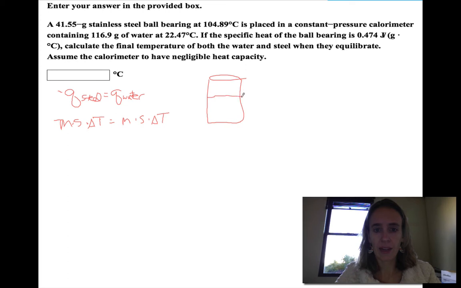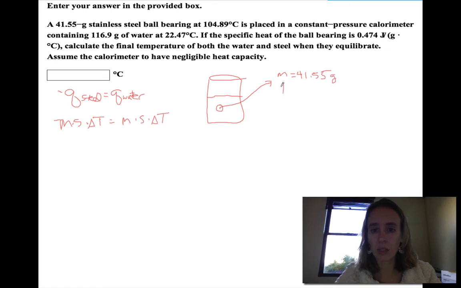We've got a vessel with water in it, and we've dropped in a steel ball bearing. Let's summarize all of the things we know about these two systems. The mass of the steel ball bearing is 41.55 grams. In this version of the problem, you might have slightly different numbers.